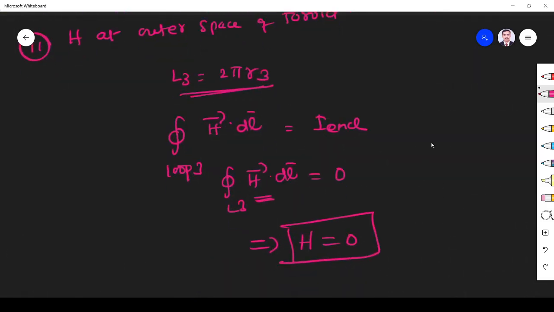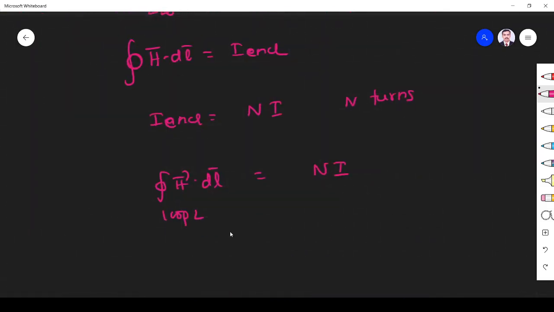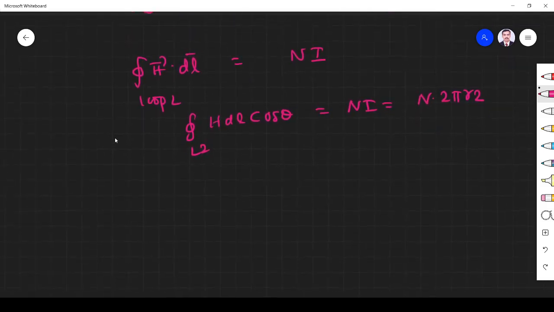So what we know from the equation, we substitute H dot dl for this loop 2: H dl cos theta is equal to N into I. Because they are all parallel, cos 0. H is constant and uniform, so I take it outside, and the integral of dl is equal to NI.